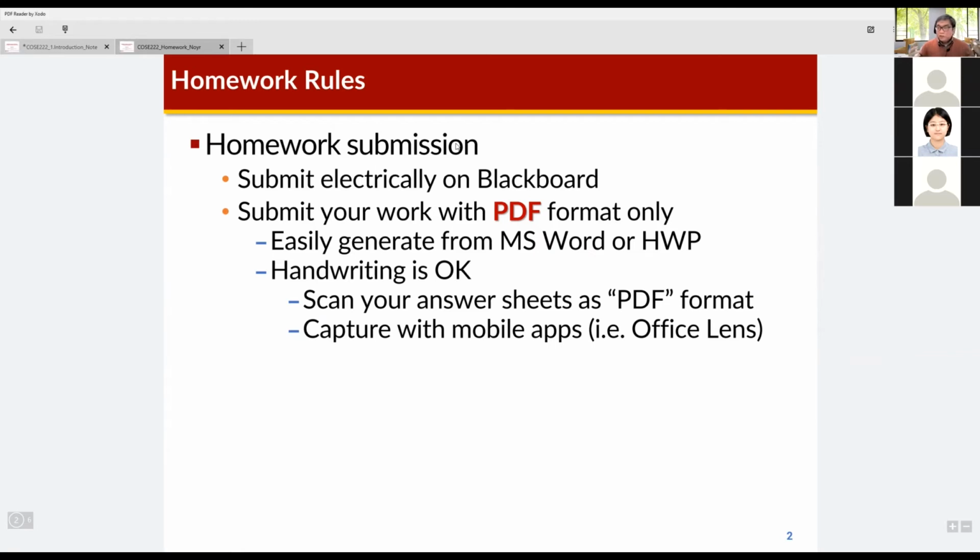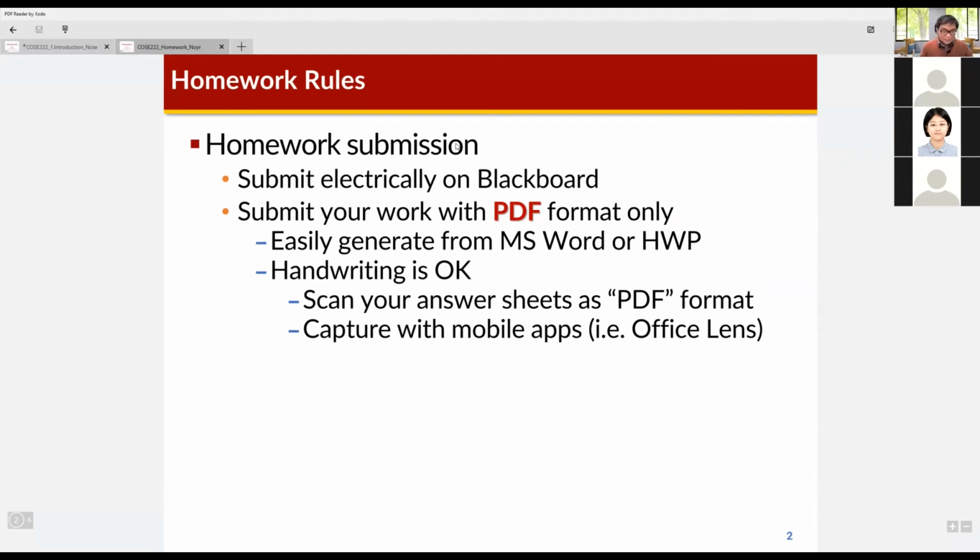Then you need to submit your homework result electronically. That means you need to upload your homework assignments on the Blackboard. We do not receive any physical format of the homework.